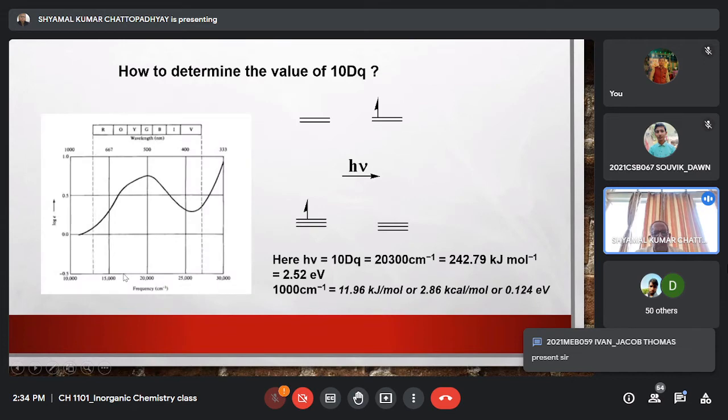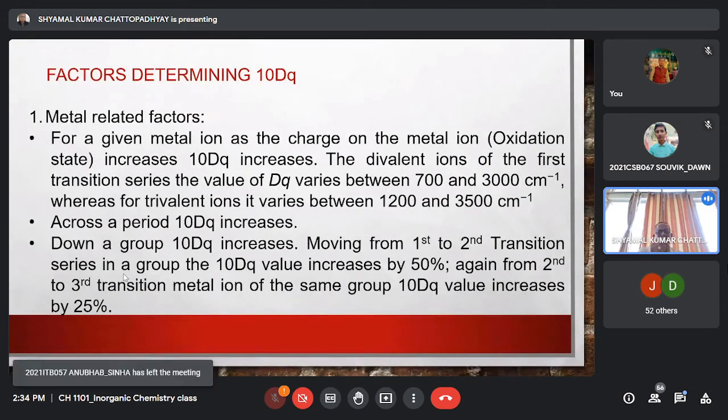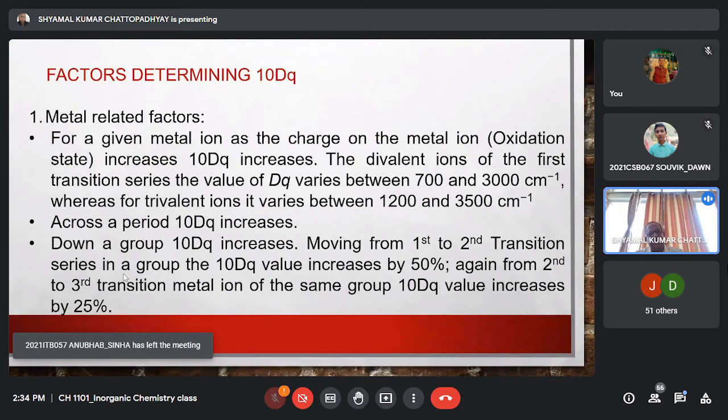So as we go from 3d to 4d to 5d, the d orbital radius increases, and because of this the crystal field increases. Between first and second transition series, 10 Dq increases by 50%, whereas between second and third transition series, 10 Dq increases by another 25%.